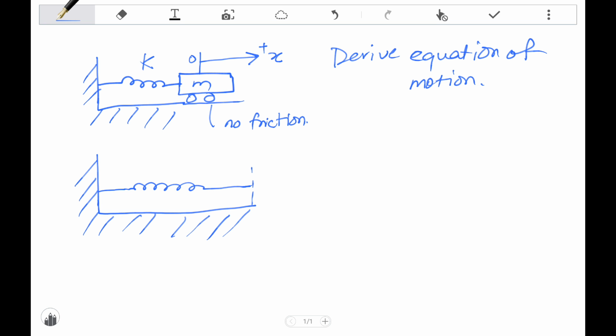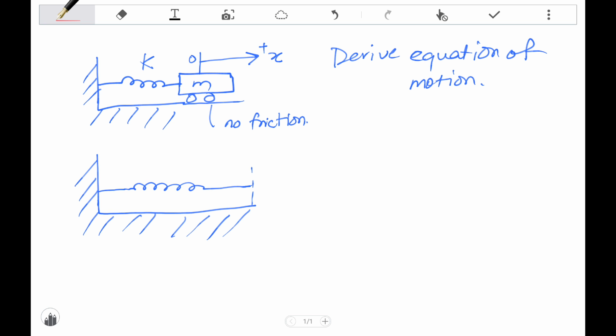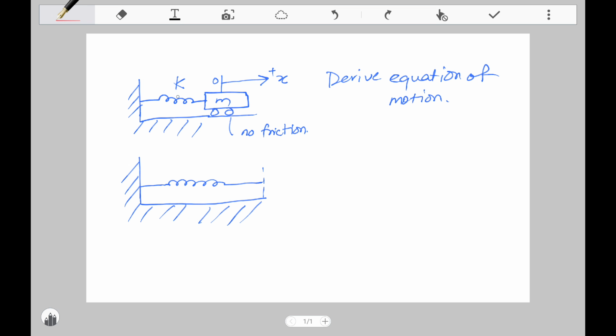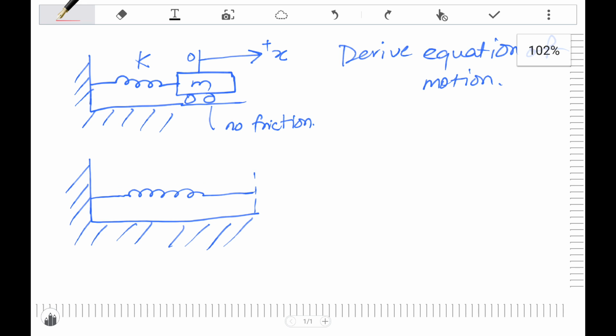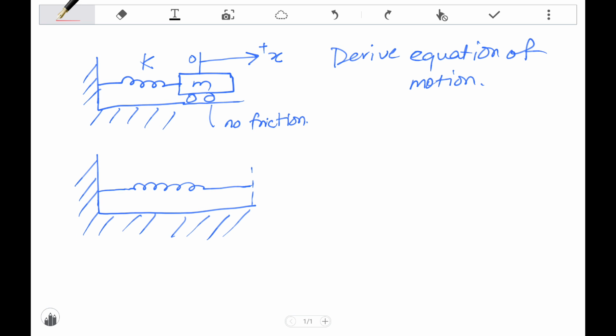You've got to understand that this here is the original length of the spring.